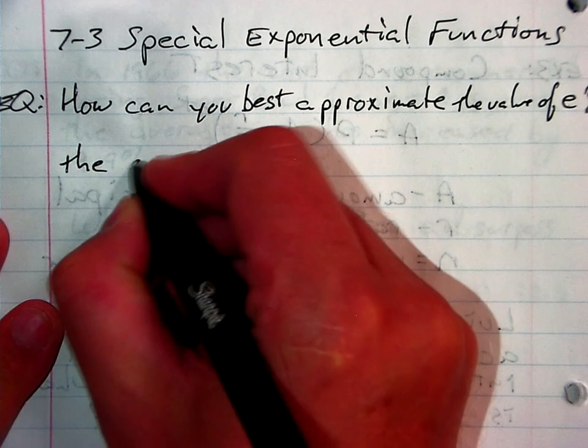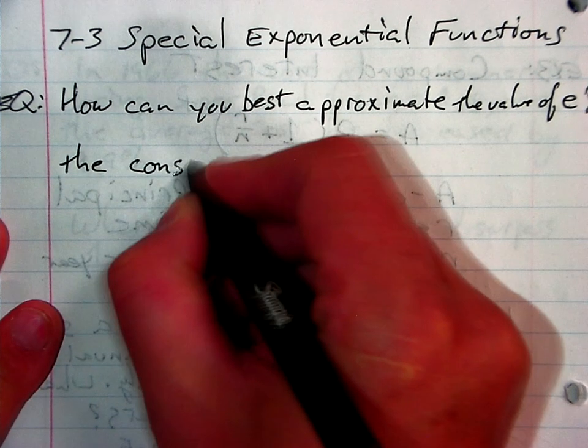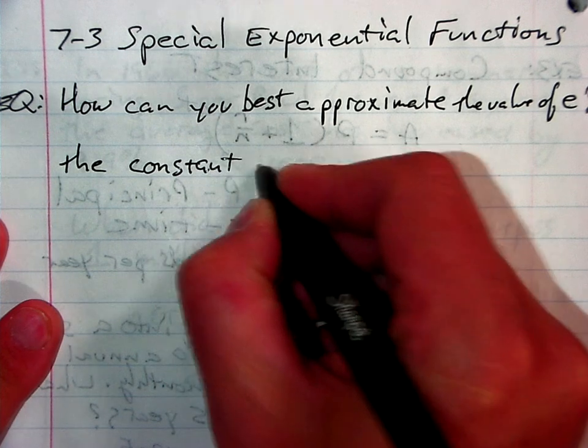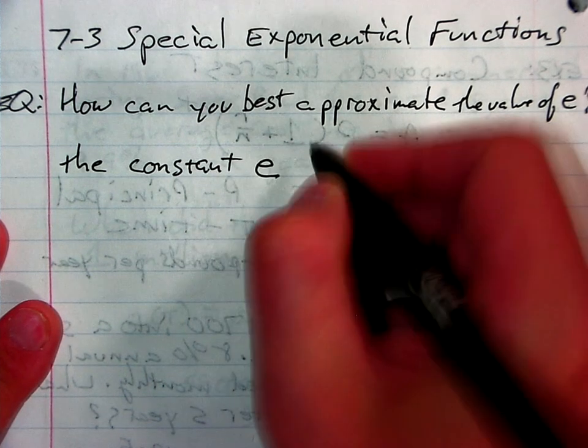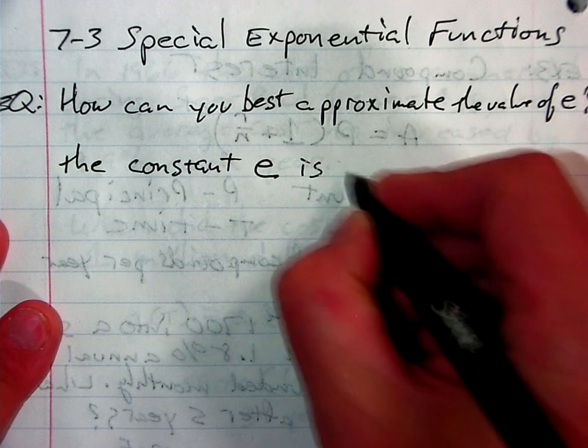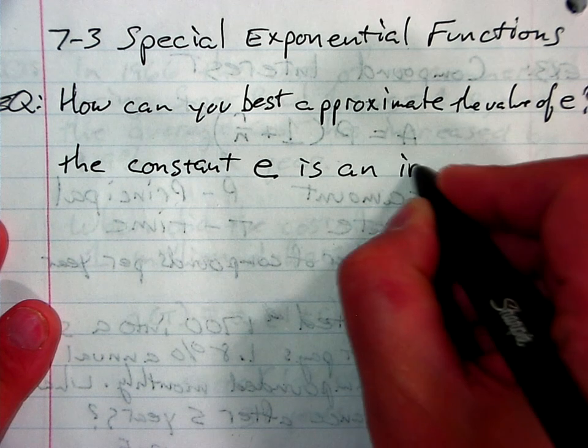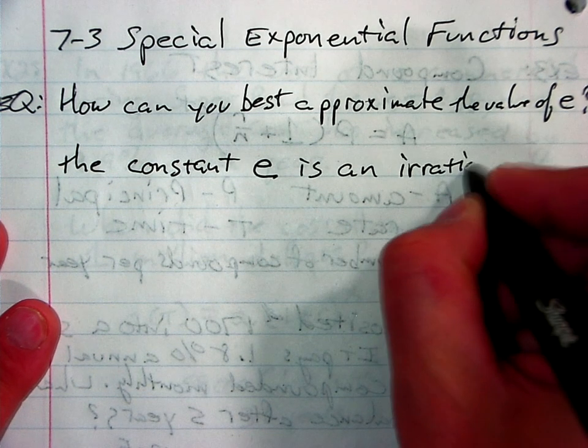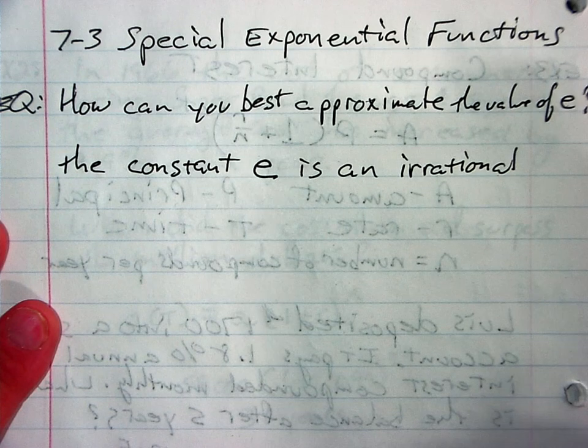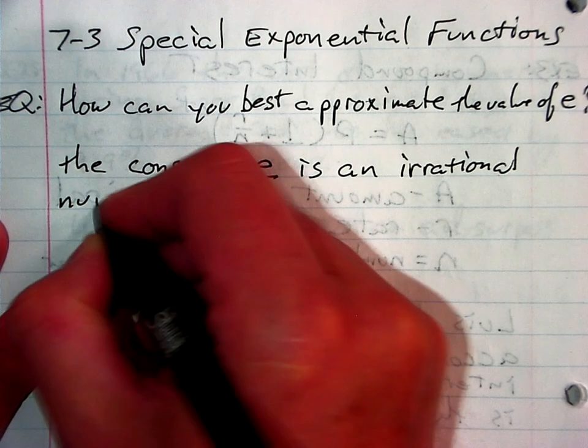The constant e is an irrational number, which means it goes on forever, like pi.